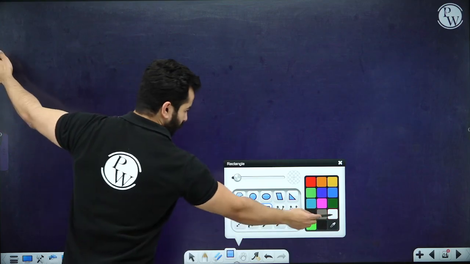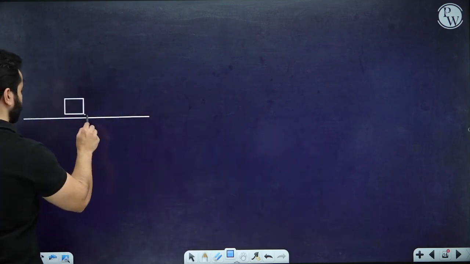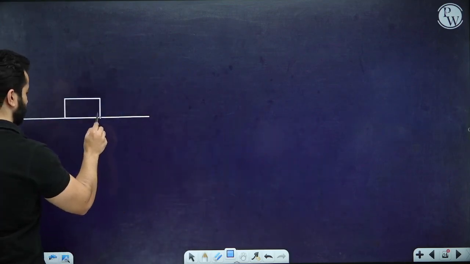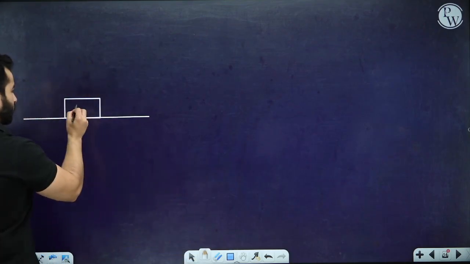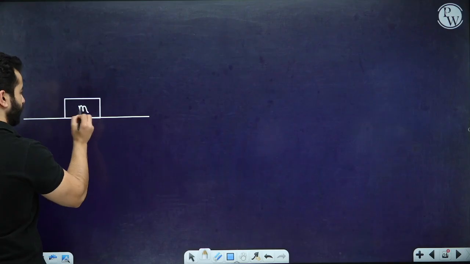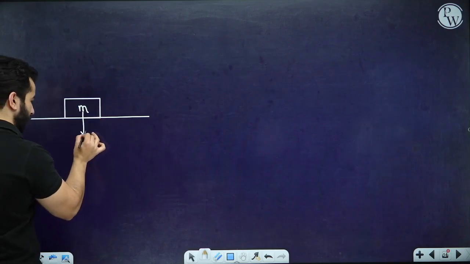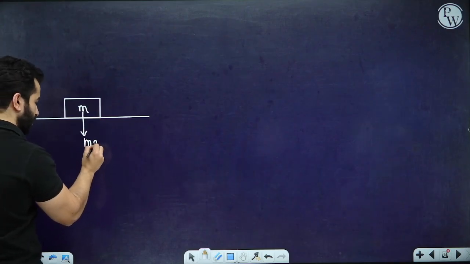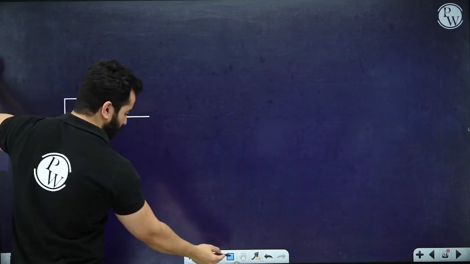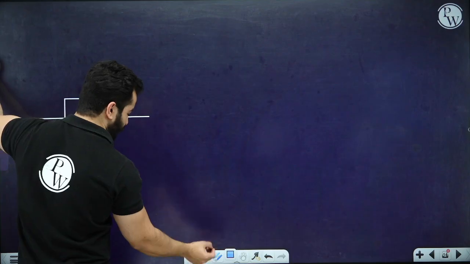Let's take an example of gravitational force, and the mass of the body is m. We know that gravitational force acts on this body as mg. We want to elevate this body up to a height of h, right?